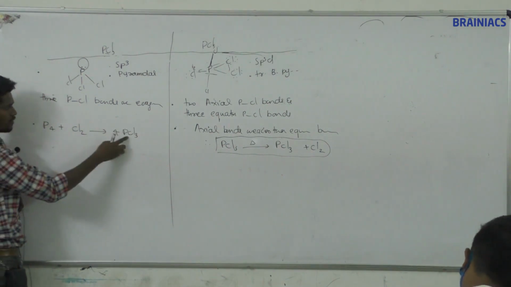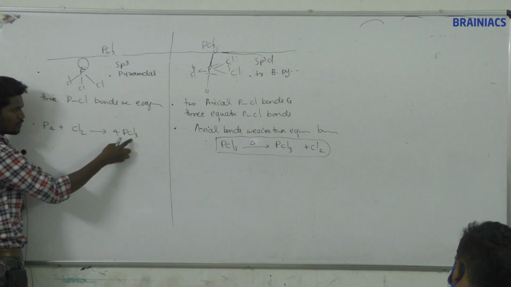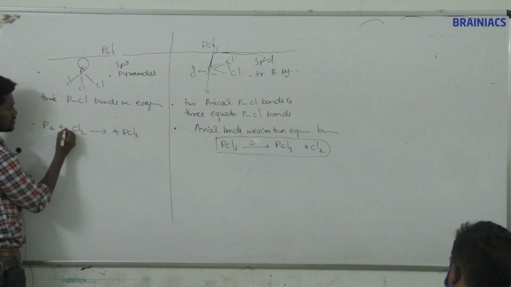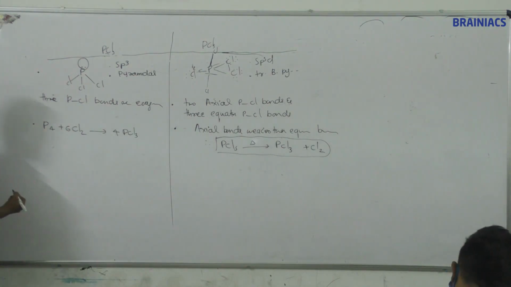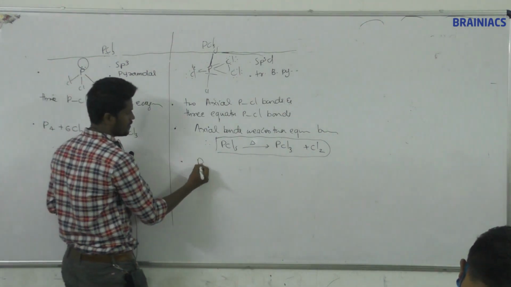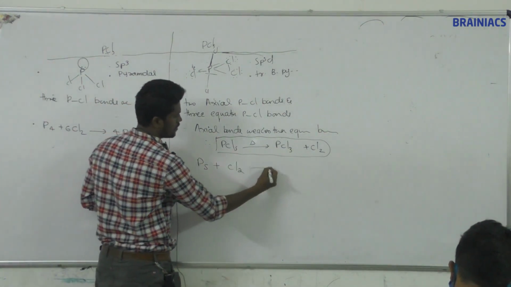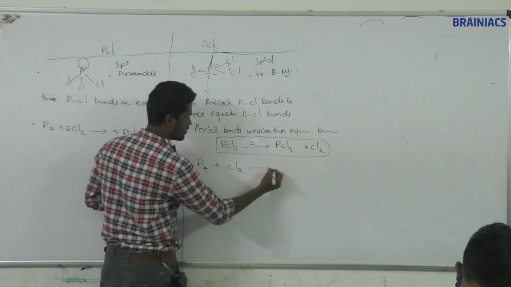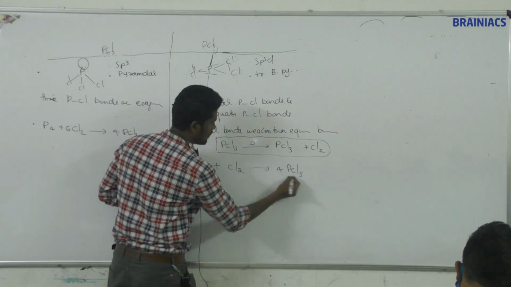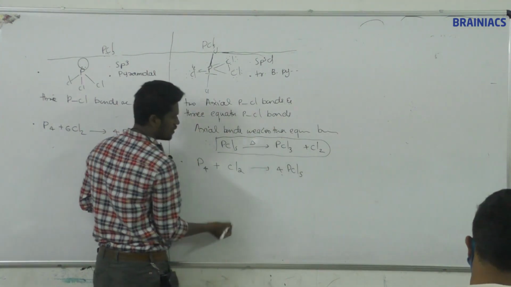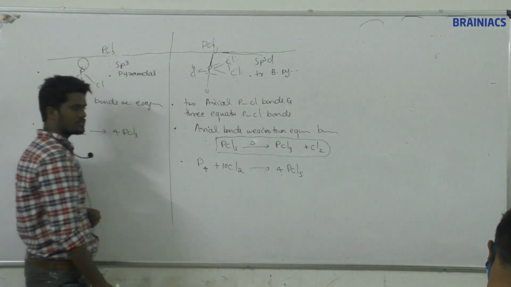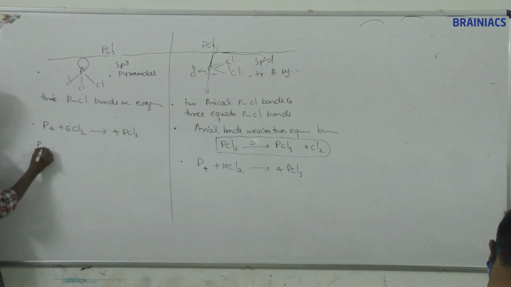That is 12 chlorine, so that means 6 Cl2. Okay, so PCl5 is formed: P4 plus Cl2 gives 4 PCl5. So how many chlorine is required? 20. So that is 10 Cl2.